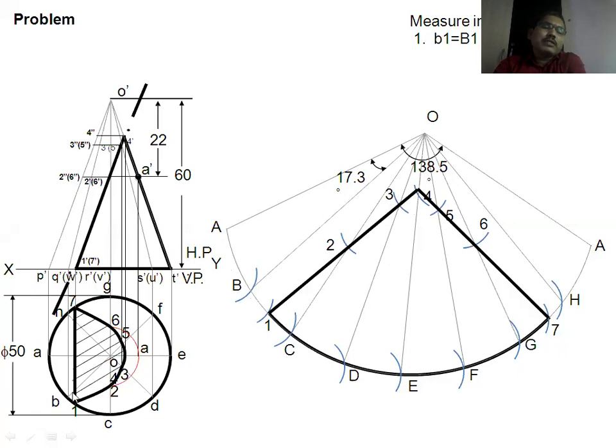So you measure the distance of this 1 point from B. This arc distance you have to measure, or you can draw an arc, generator O1, and where it intersects O1, you name that as 1. Then the 2 point is on OC, so take the distance of this 2 point from here and mark this 2 point, 3 point, 4 point, like this. You have to mark all these points and join the points 1, 2, 3, 4 in sequence with a straight line.